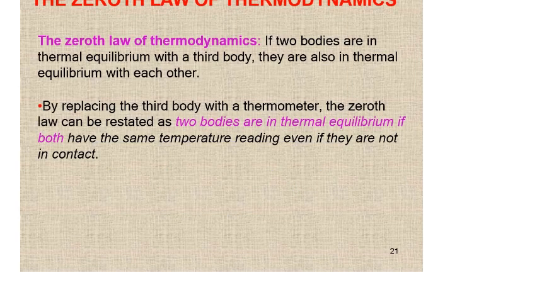Zeroth law of thermodynamics says that if two bodies are in thermal equilibrium with a third body, then they are all in thermal equilibrium with each other.